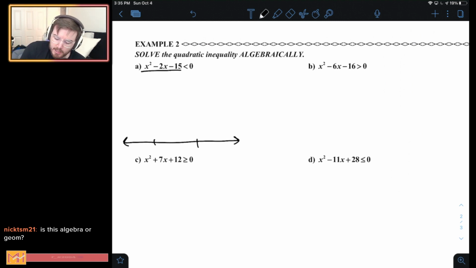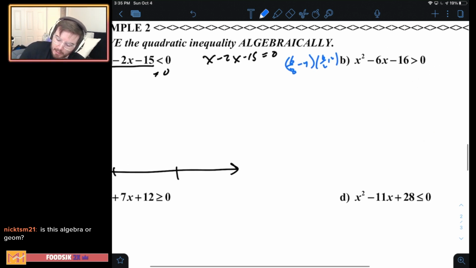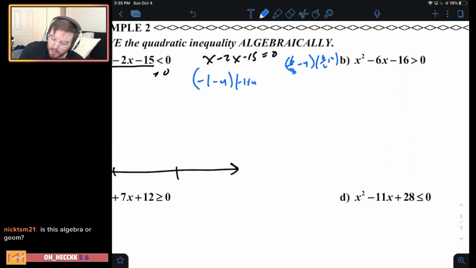So I'm gonna look at this and I'm gonna solve it as if it said 0 for a half a second. I'm gonna solve this as if it said 0 for just a split second, and I'm gonna use my b method. So like I've written it a million times: b over 2 minus u, b over 2 plus u. I don't think I need to write that down for a millionth time. So -1 minus u, because b is -2, so half of that is -1. -1 minus u, -1 plus u equals c, which is -15.